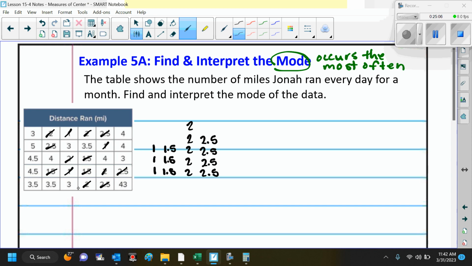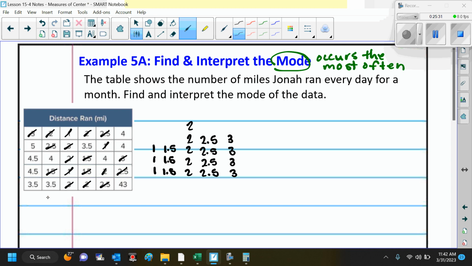Now we're at 2.5, so now we've got 3. There's 1, 2, 3, 4. There's 4 threes. Then we've got a 3.5.